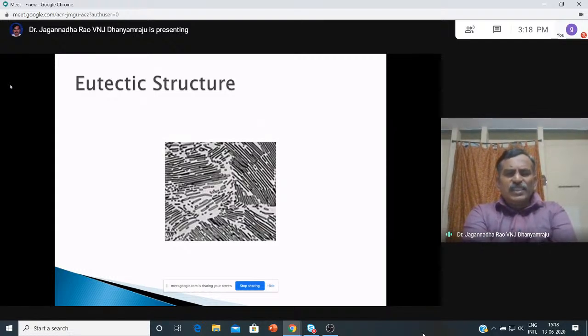Right? It will have two phases, and normally you cannot distinguish a microstructure whether it has come from a eutectic reaction or whether it has come from a eutectoid reaction. Normally, these eutectoid alloys or eutectic alloys are very strong and tough. Okay.